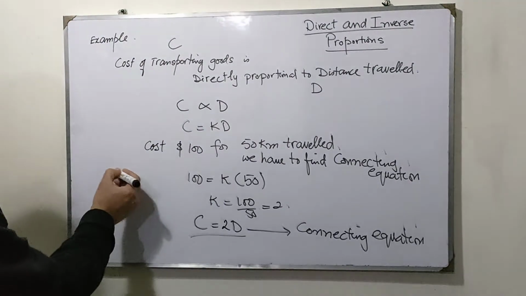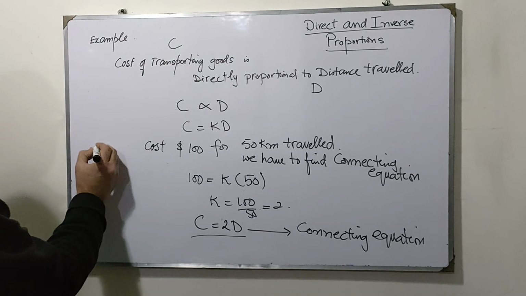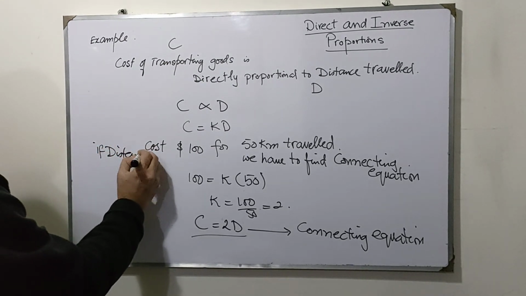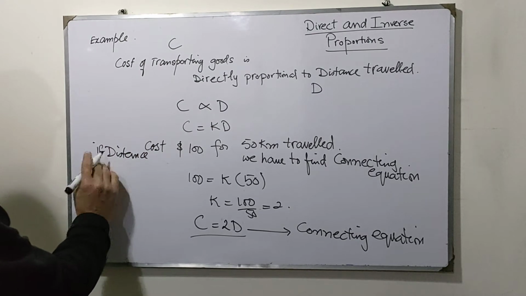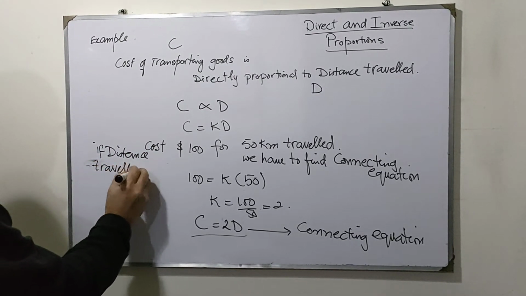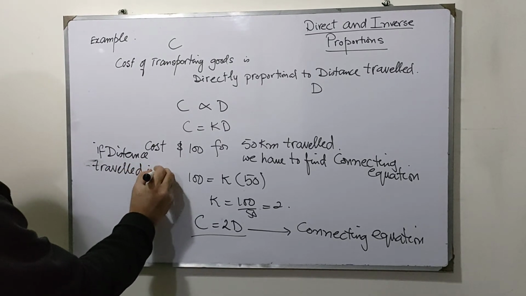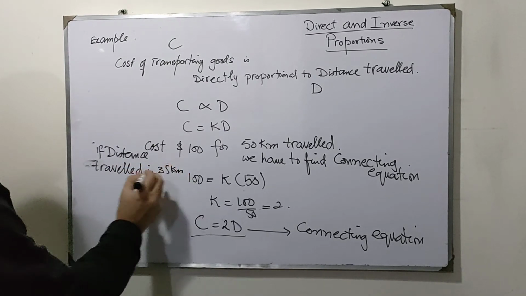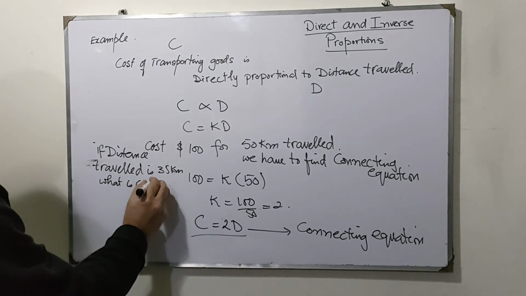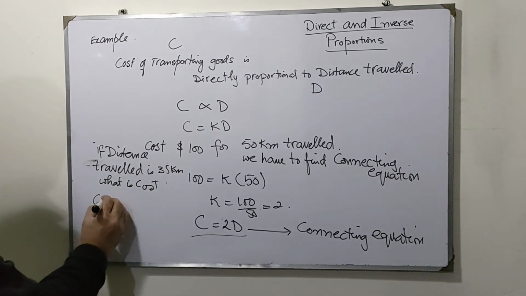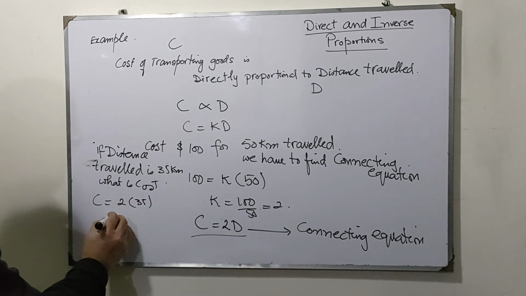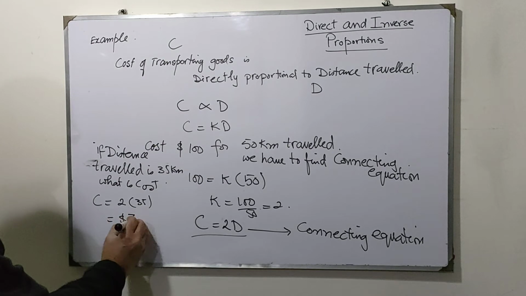Suppose now the distance traveled is 35 km. So what is the cost? We can say C is equal to 2 into 35. So cost is $70.